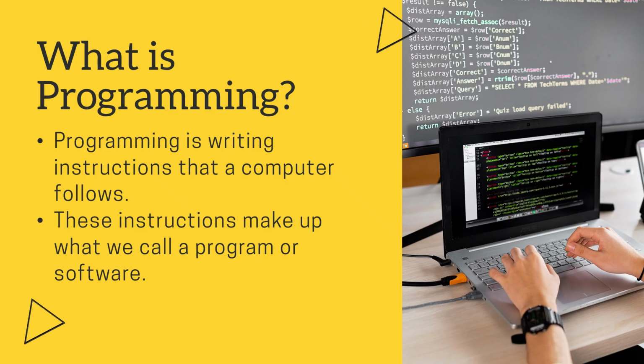These instructions make up what we call a program or software. Examples would include Microsoft Word, different video games, different apps, or even the software that runs a microwave. Every time you interact with a digital device, you're using software that was written by a programmer.